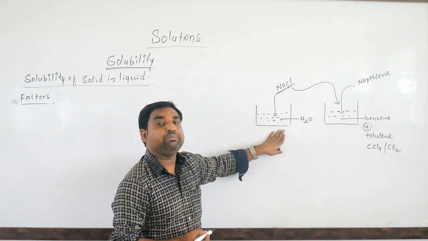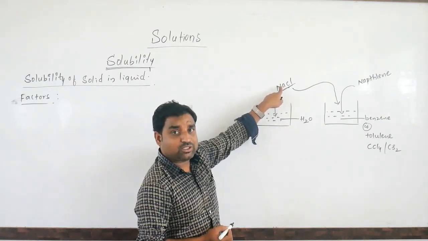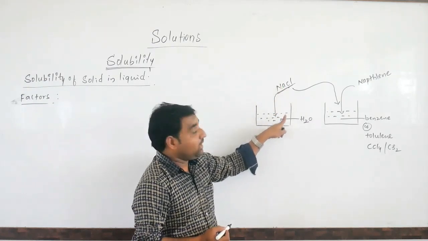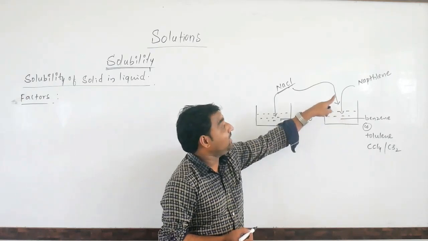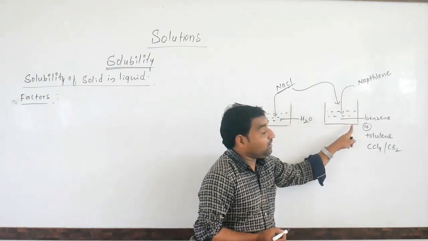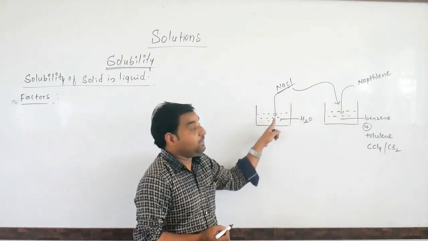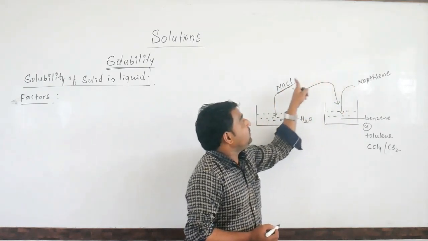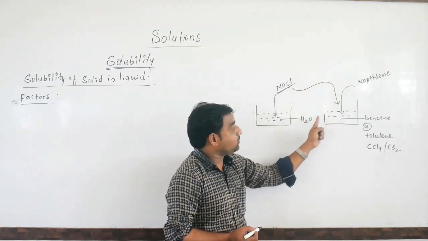It means it depends upon the solute also, because this solute will dissolve in H2O and this solute will not dissolve in benzene, and this naphthalene will dissolve in benzene but will not dissolve in water. So it depends on the nature of solute, and also on the solvent, like H2O or benzene.